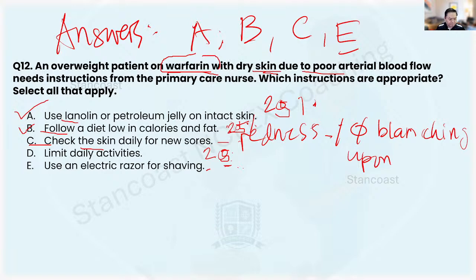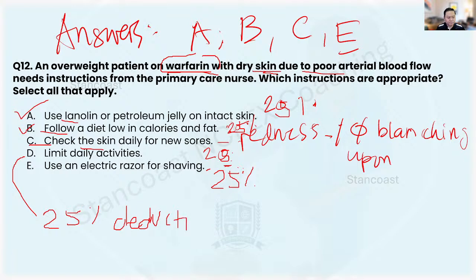Now, if you are going to answer an incorrect option, for example, you answered letter D, that is already a 25 deduction to your correct answers. So there will be deduction. All right, let's go back to our scenario.